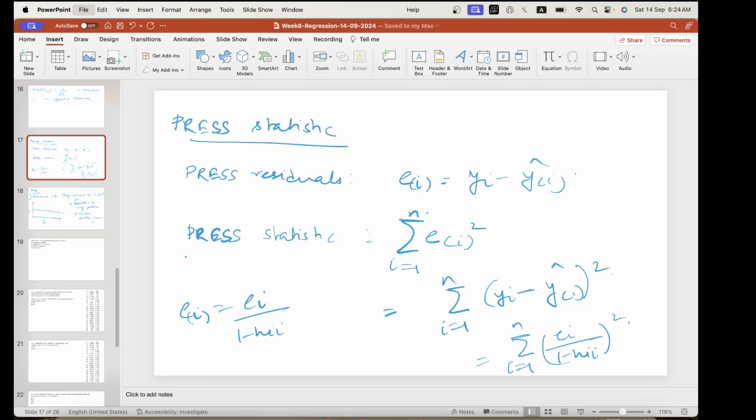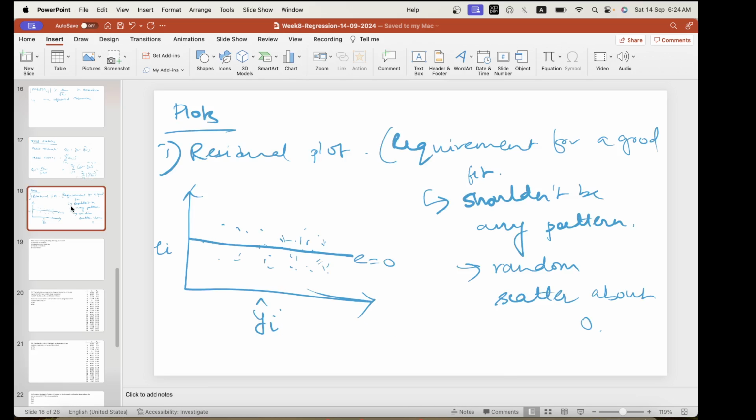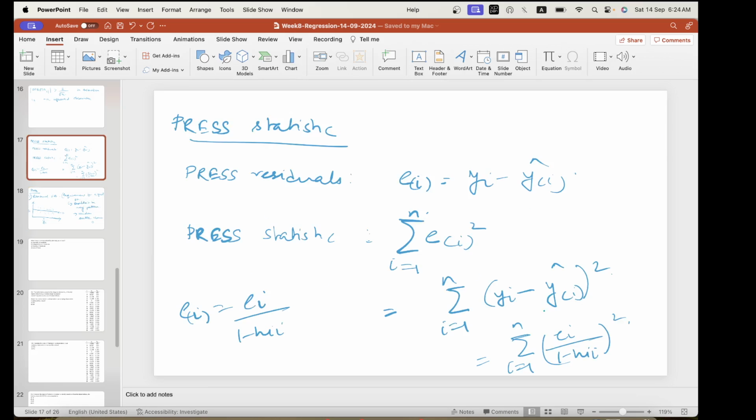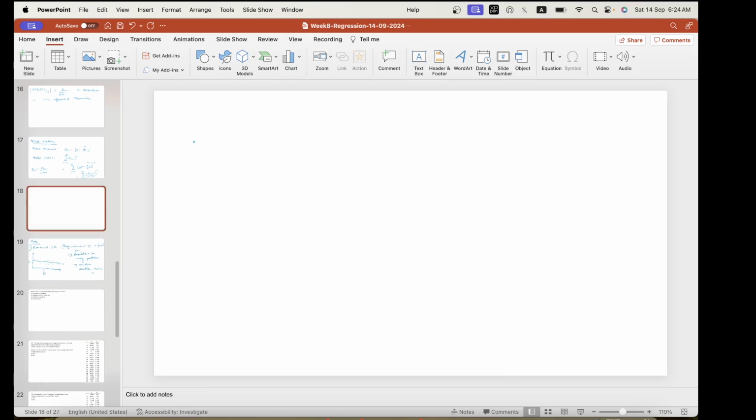Now coming back to the cutoff criteria, how can we use the PRESS statistic to assess whether there are influential points or not?